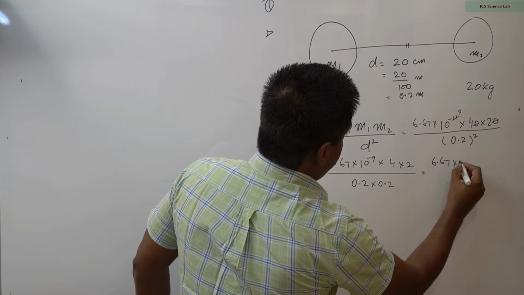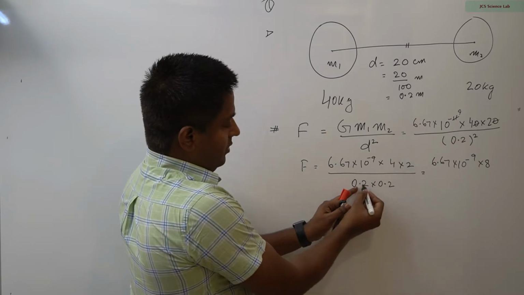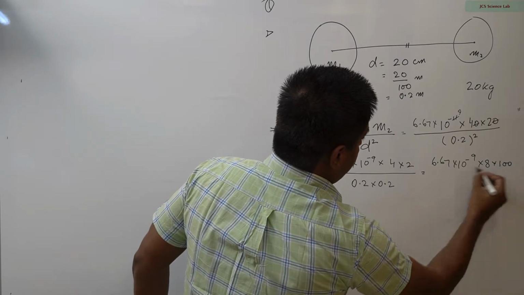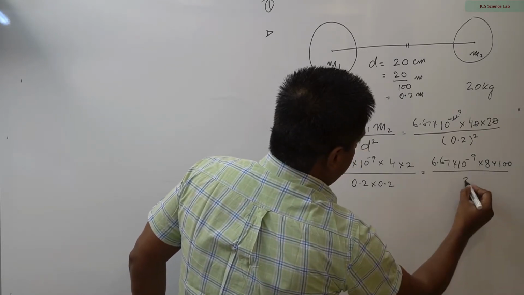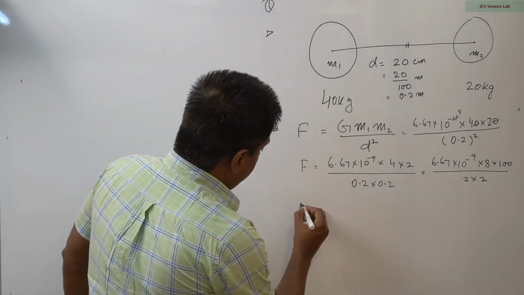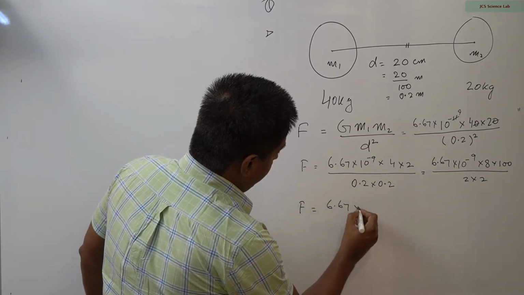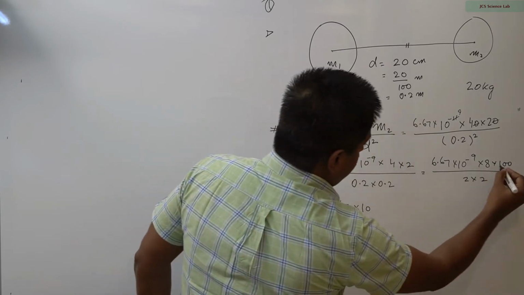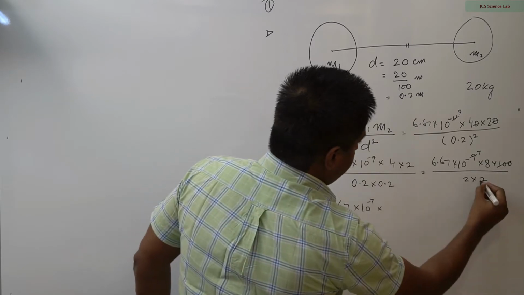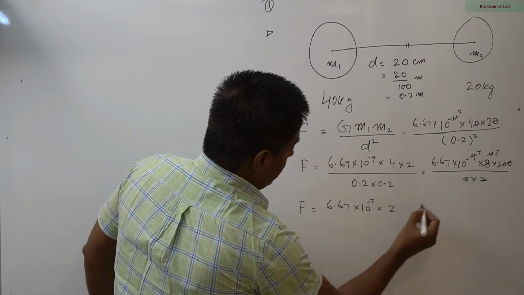First, I would remove these decimals. 6.67 into 10 raised to the power minus 9 into 8. Now for these two decimals, you will write 10 into 10 means 100 here, divided by 2 into 2. That's simple. Now final F is equal to 6.67 into 10 raised to the power minus 7, into 2 into 2.